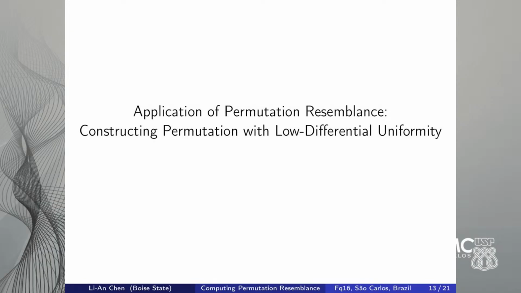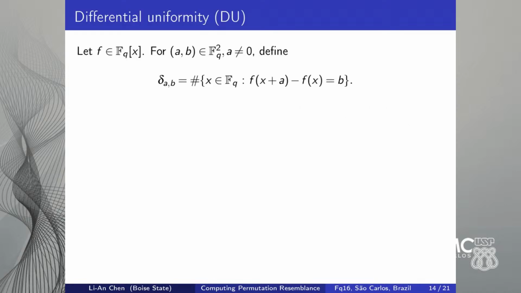Next I want to talk about an application of this quantitative permutation resemblance, in constructing permutations with low differential uniformity. The background has been shown several times in this conference so far, so I will go slightly faster here. First, I fix a polynomial f, and then I pick any a and b.